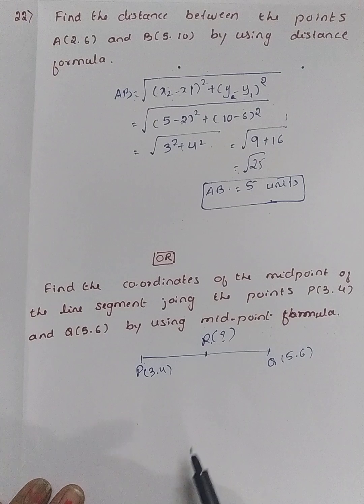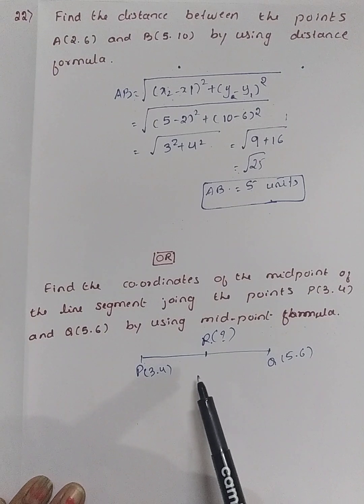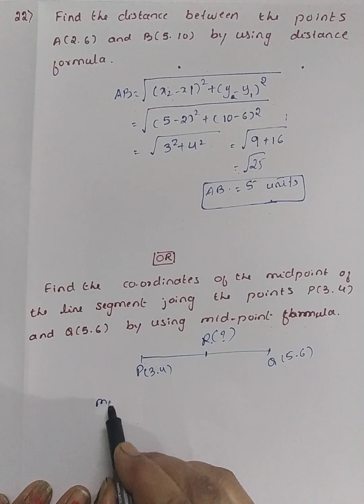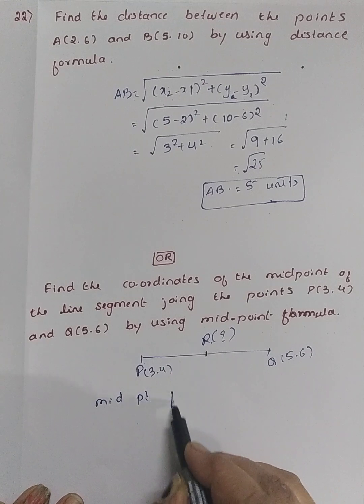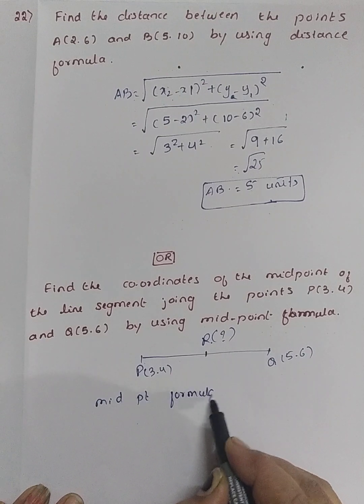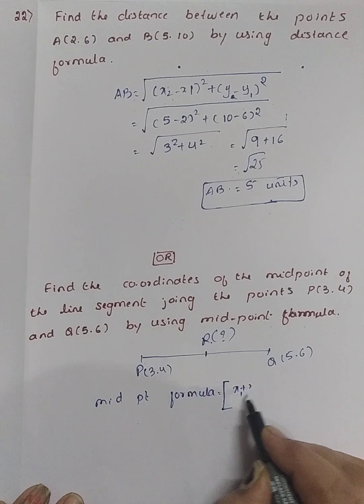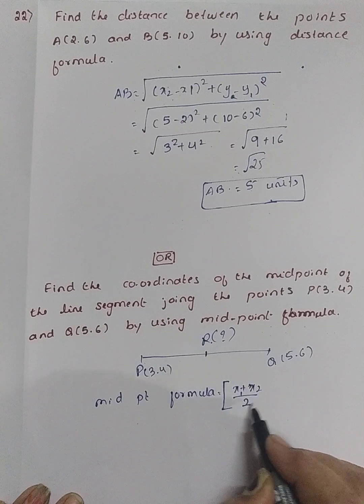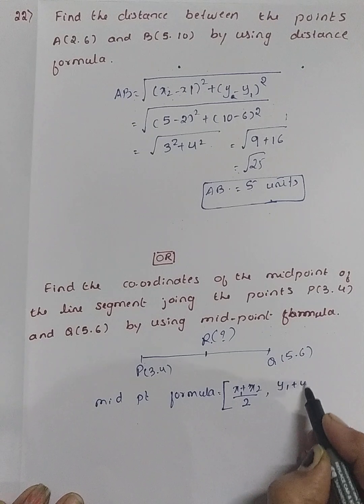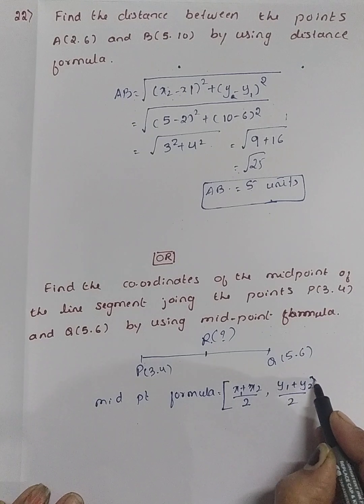So for the midpoint, the formula for coordinates is, you have to write the midpoint formula, that is (x1 plus x2) divided by 2 and (y1 plus y2) divided by 2.